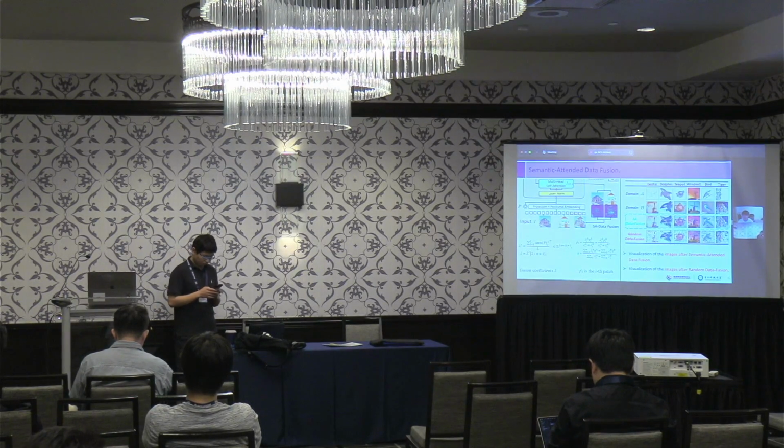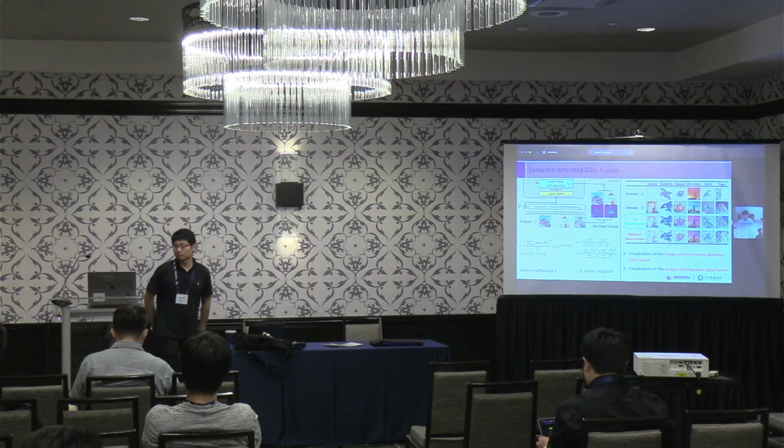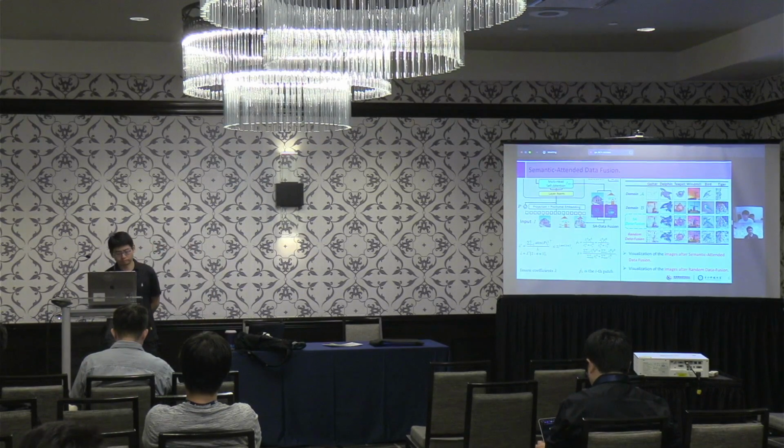Next, we merge two images from different domains that might belong to the same category after weighting them, and the model is then trained with pseudo-labels obtained from clustering. On the right is the visualization of the images after semantic-attended data fusion.